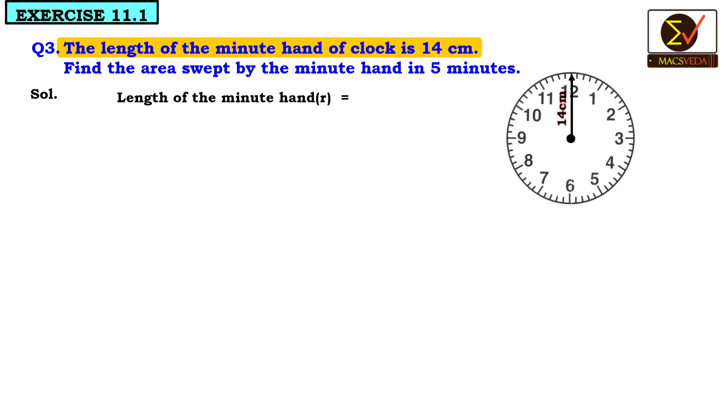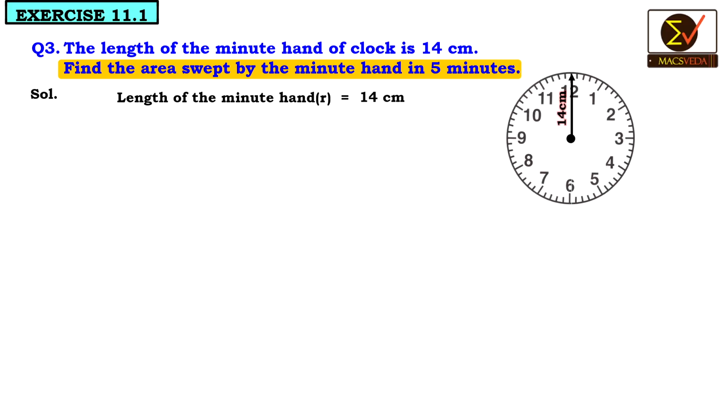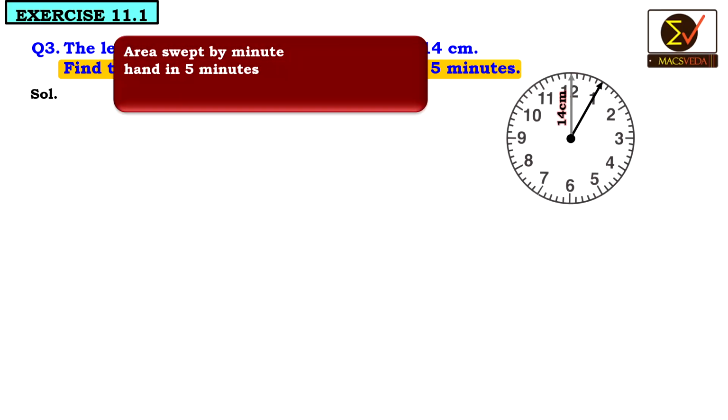So length of the minute hand of clock is nothing but radius, which is 14 centimeters. Now the question is, what is the area swept or covered by the minute hand in 5 minutes? So the area swept by the minute hand in 5 minutes is nothing but area of this sector created.